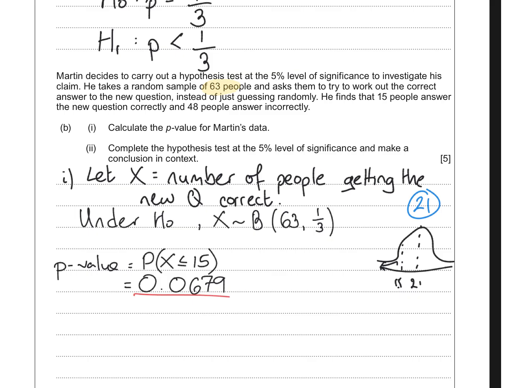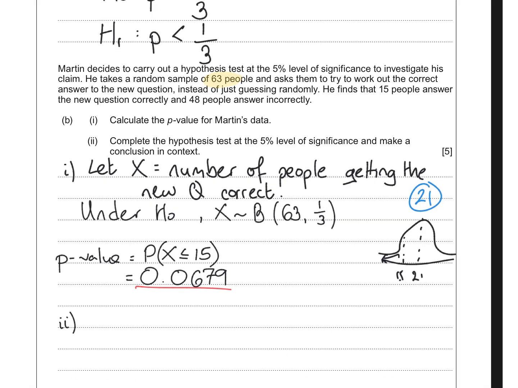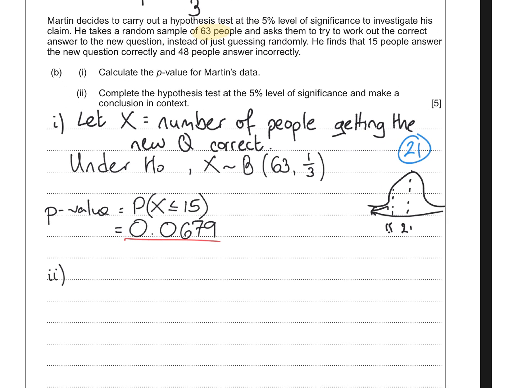I'm guessing then, yeah, we're going to complete the hypothesis test. So we've got a 5% significance level, and people roll their eyes when I say this, but if P is low, H0 has got to go. What that's referring to is if your p-value is a small number, less than your significance level, that's when you can reject H0.